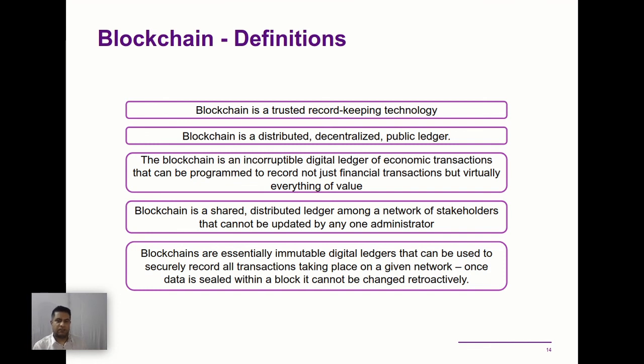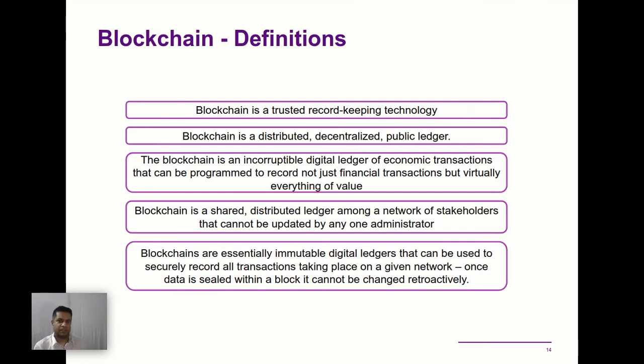With that, let's come to the step where we define blockchains to a certain extent. There are multiple definitions that one could look at, and it's very easy to confuse oneself depending on what level of awareness one already has. The simplest definition is related to blockchain's utility, which is that blockchain is a trusted record keeping technology.